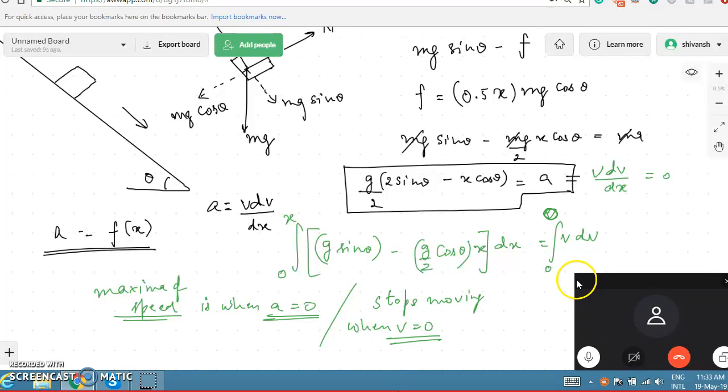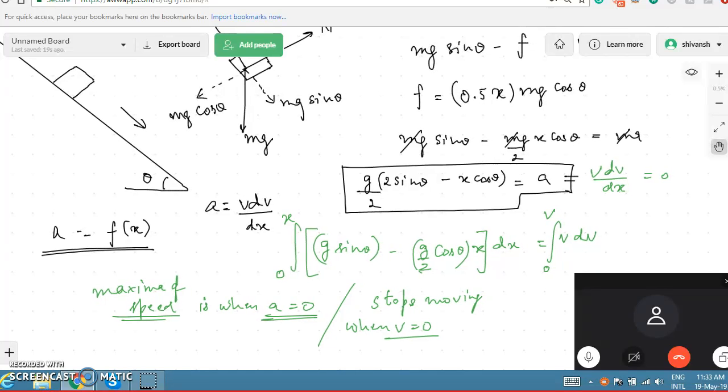So basically the integration is void. You could basically integrate this part and then equate it to 0. That also will give you the answer. We're starting from 0 and we're moving till x. Yeah. We're finding x. I think it should come out to be okay.